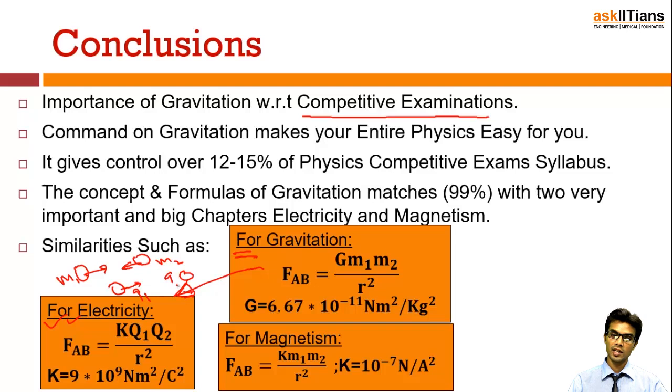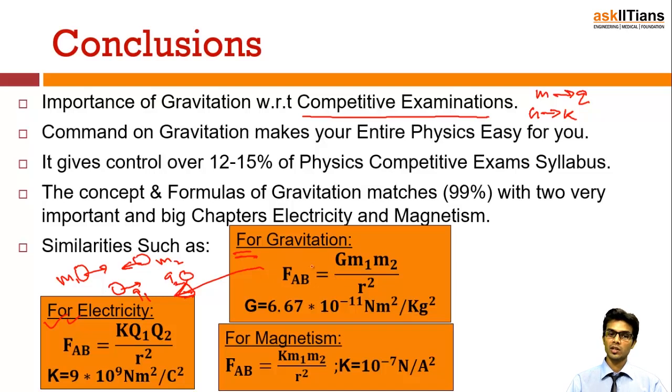So m is replaced by q, and the constant G is replaced by another constant k. Here G is the gravitational constant, here k is the constant for electricity and for magnetism. So there is no difference in the formulas, there is simply a replacement of notations.